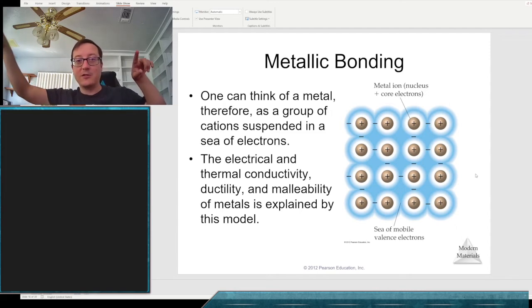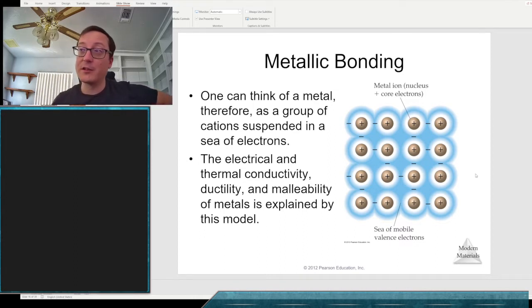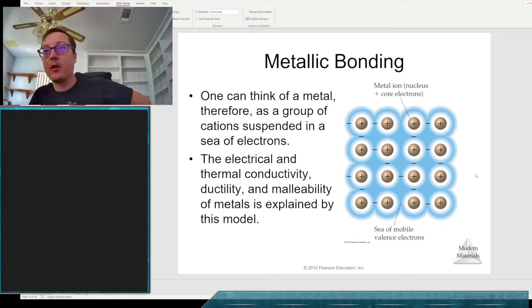Those electrons are moving all the way through the entire structure all the time. They're held together because those electrons are moving around and we have electrostatic interactions there.